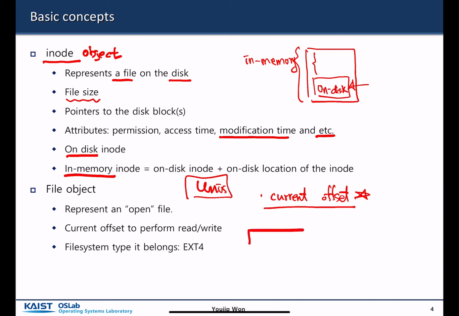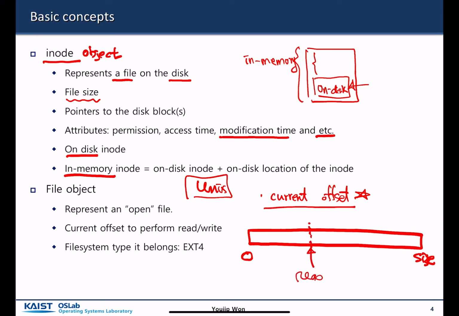For example, here, this is a big file, and this is the start of the file, and this is the end of the file. And then the Unix operating system defines an attribute called current offset, which represents the location where the read or write operation has to be applied.